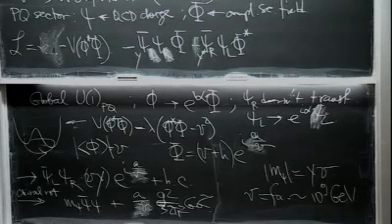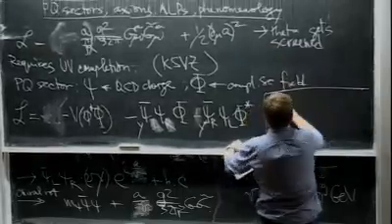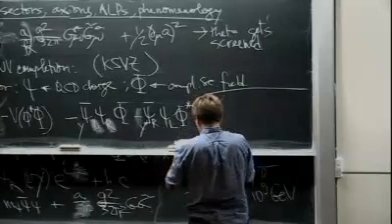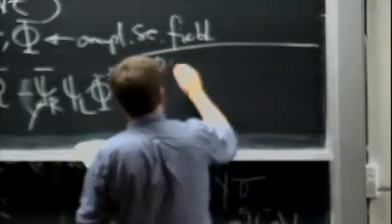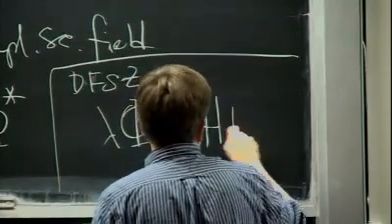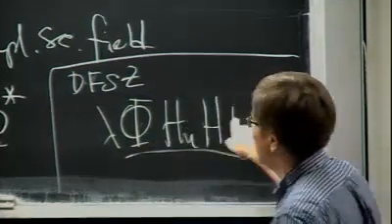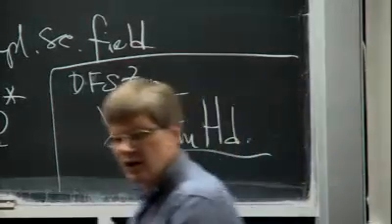There are other examples that go under the name of DFSZ axions, and those typically play with the two Higgs doublet model, where there is a common U(1) that rotates the phi field and H_U and H_D.